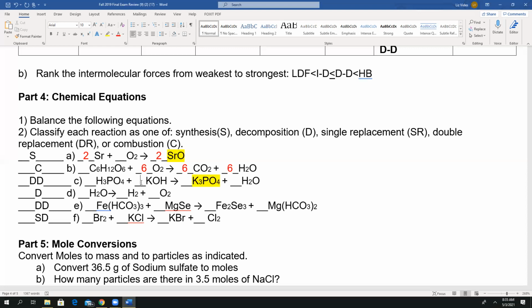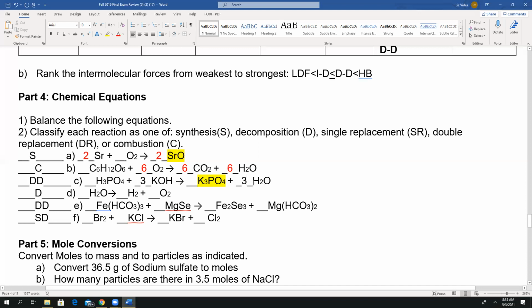But look at this though. If we put a 3 right there, we have 3 and 3 is 6, right? So we need a 3 there, because you have 3 times 1 is 3 plus 3 more is 6.